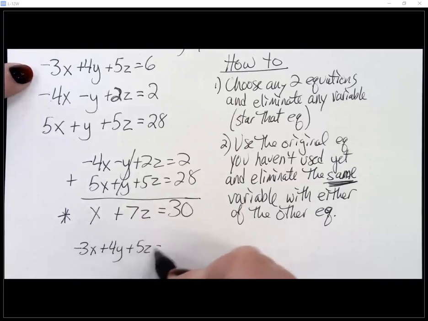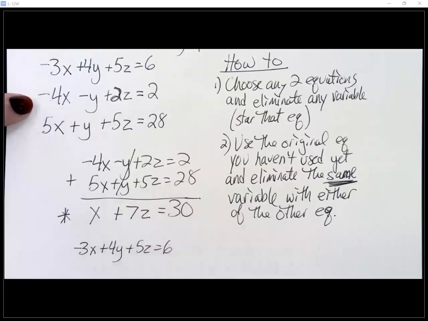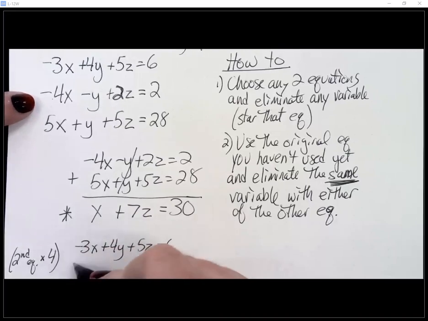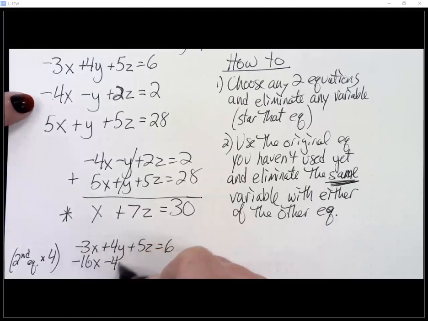And now let's take that second equation, but times it all by a 4, right? To get those y's to cancel. So I'll even put second equation times 4, just to remind myself of where that came from. And that's going to be a negative 16x minus 4y plus 8z equals 8.